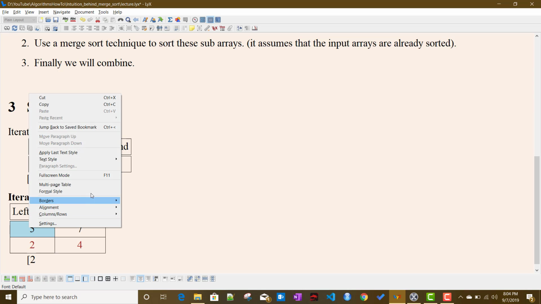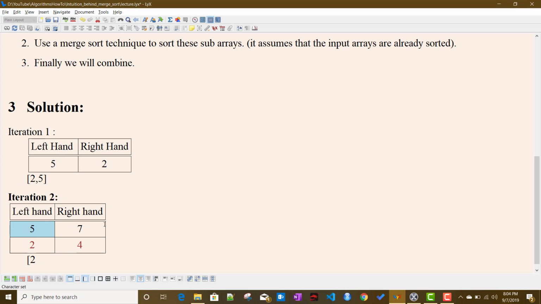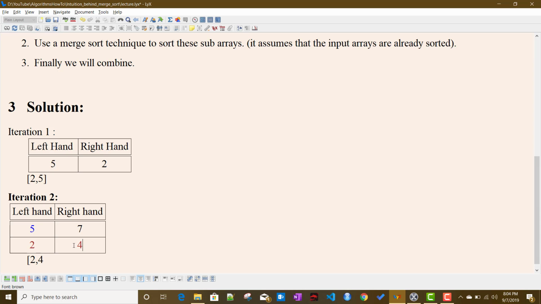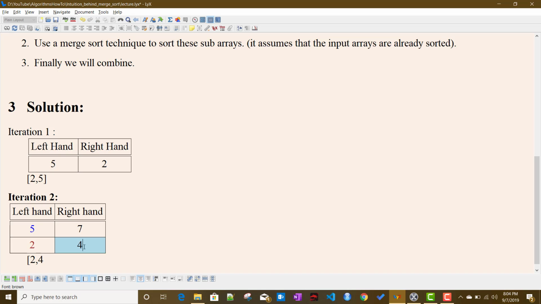I'll just write it in blue so that we will not be confused with the color. So we compare 4 with 5 now. Which one is the smaller? 4 is the smaller, so we'll write 4 over here. When 4 is gone, we will just make it red over here.